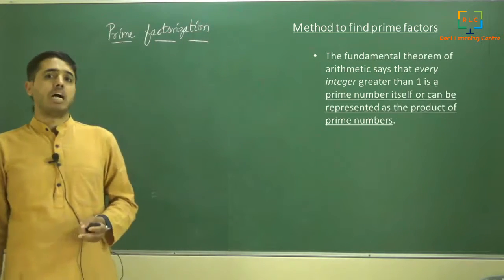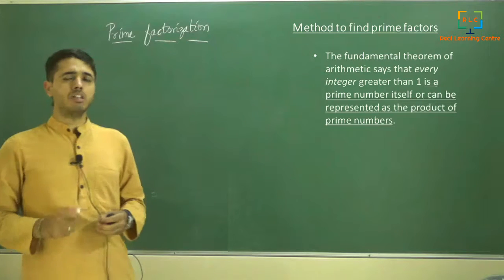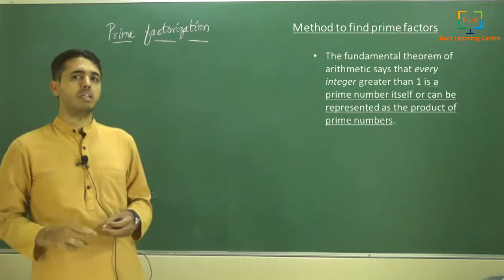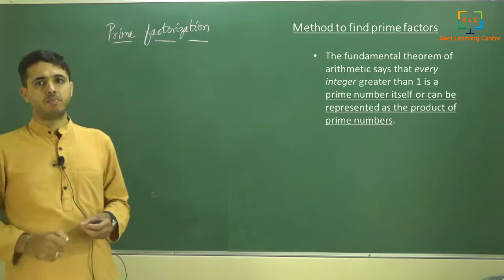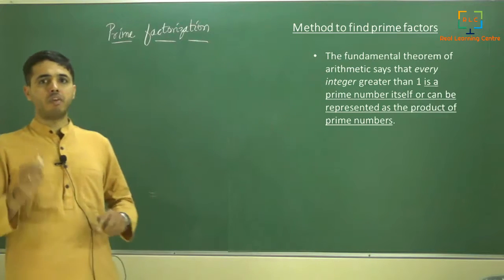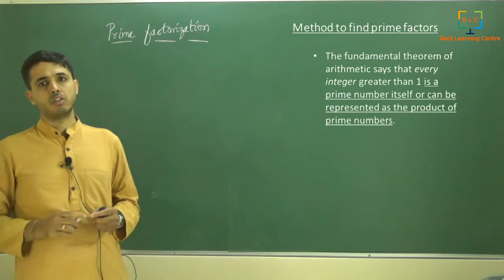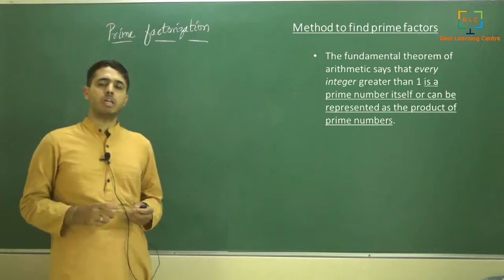In our previous class we just touched upon this concept of the fundamental theorem of arithmetic, which was given by Euclid. Now we will use this concept. What does this theorem say?